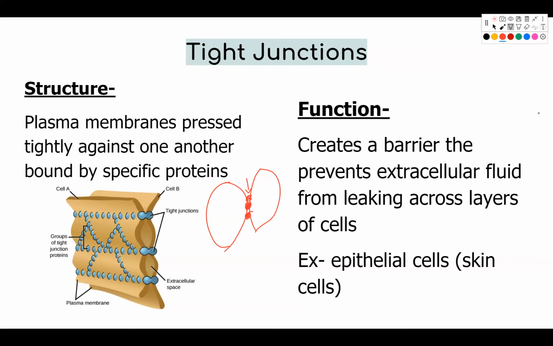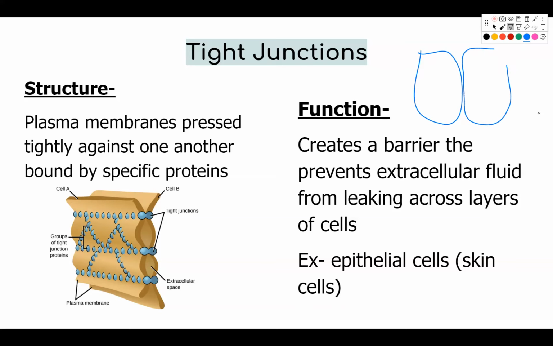So we've got animal cell, animal cell, animal cell. We've got these little proteins. That weird P that I draw means proteins that are going to hold those cells very, very tightly together.